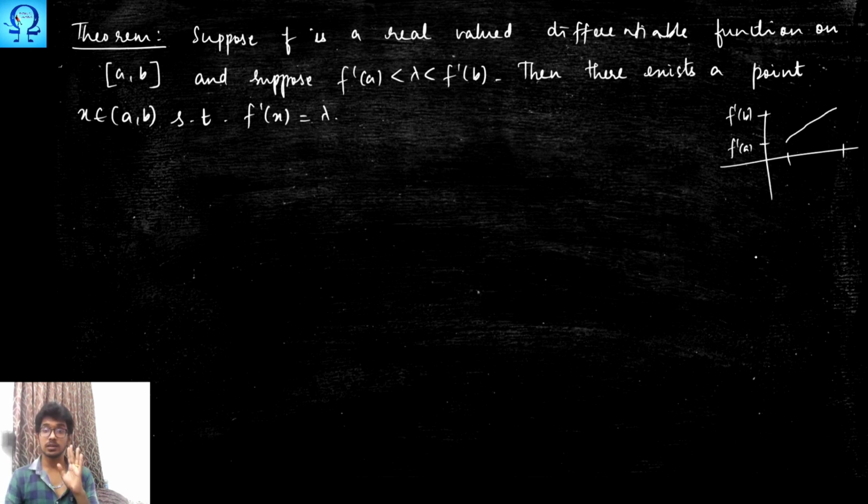Here we have not plotted the function f, I have just plotted the function f prime. If you find any value lambda in between these two values, you can always find some x corresponding to this. That is, your f prime of x is going to be lambda.